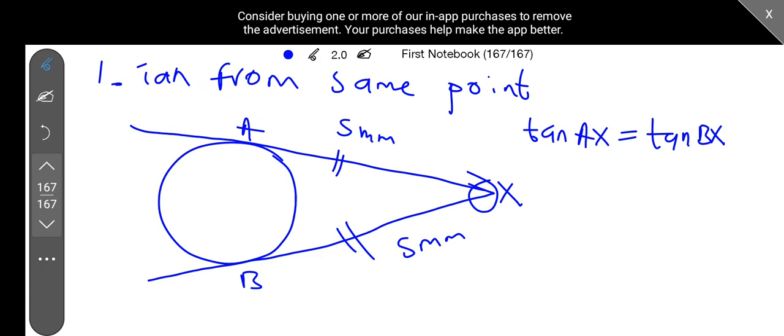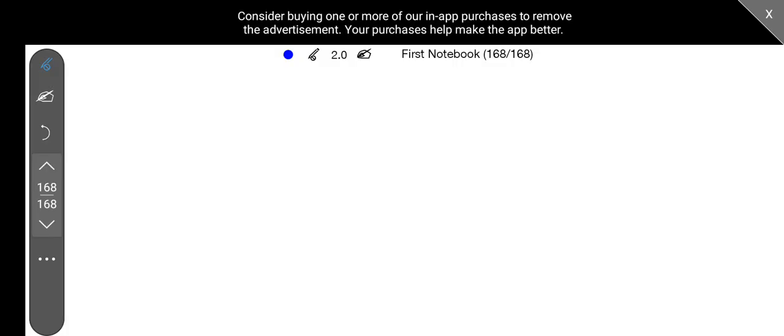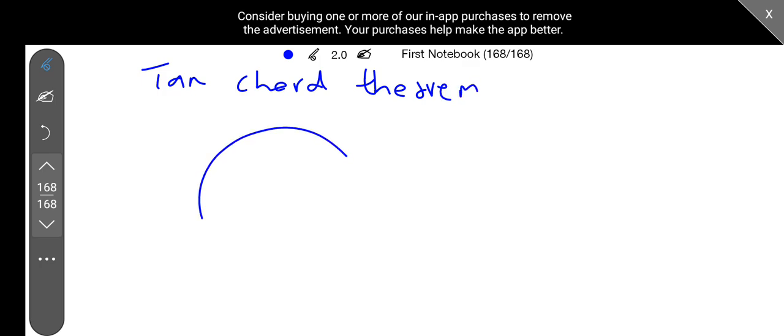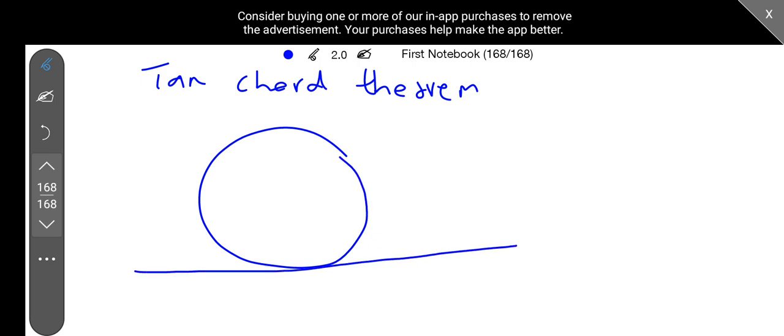I hope it's clear. The second one we're going to look at is the tan-chord theorem. In this lesson, I'm not going to prove it, but I will prove it in the next lesson. So, we've got a circle, we've got a tangent, and we've got a chord.